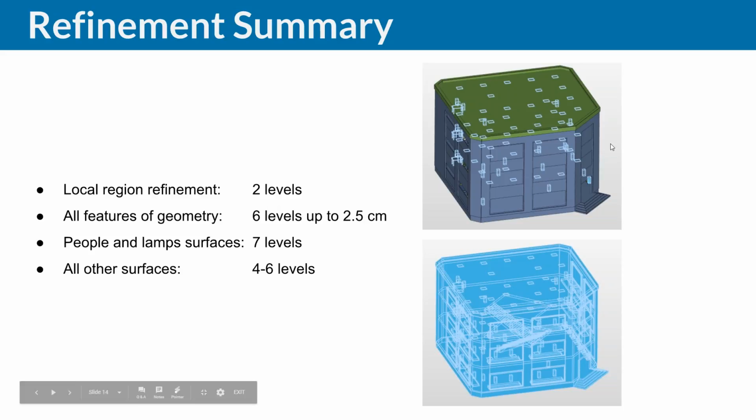So in this box we have one refinement level, but we are increasing the refinement level on the geometry up to level 6, which means we have a grid size of 2.5 centimeters, which is super fine. And that's a great thing: it's cloud-based, and therefore you don't need to worry about hardware requirements or whether your simulation is very compute intensive or not.